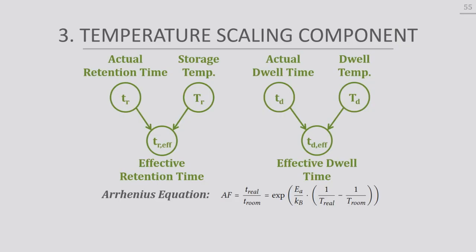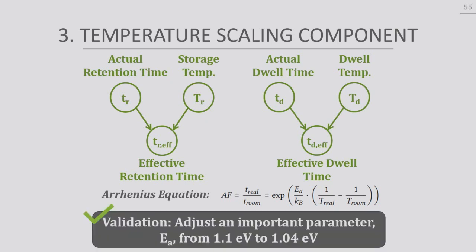We use this equation to scale the actual retention time and the actual dwell time under different temperatures into an effective retention and dwell time under room temperature. Through our validation, we find that we need to adjust an important parameter called EA, or the activation energy, from 1.1 electron volt, which was previously used for planar NAND, to now 1.04 electron volt for 3D NAND devices.